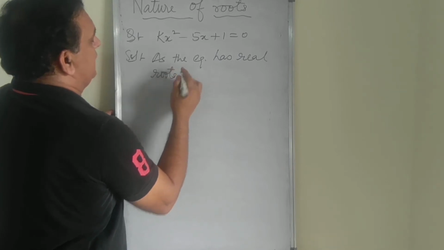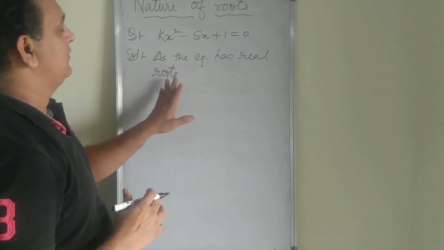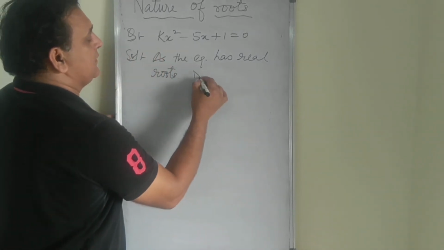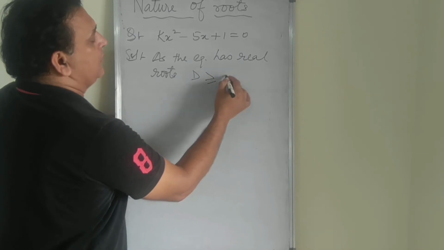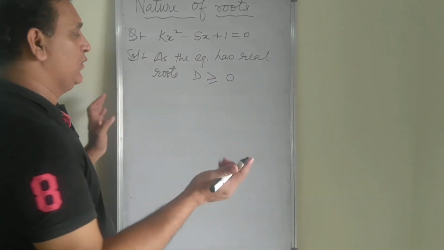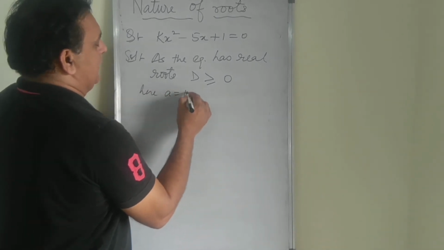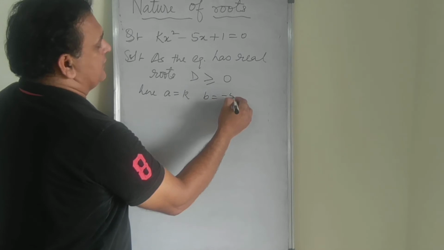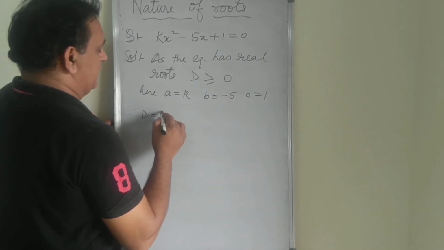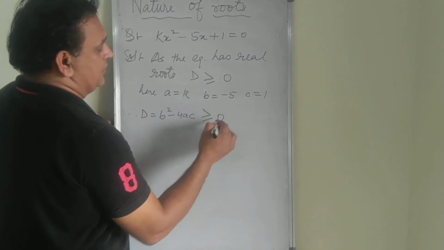Now in the previous slide you learned that real roots are possible if D is greater than or equal to 0. So that condition will apply, and we know D is b square minus 4ac. So here a is k, b is minus 5 and c is 1. Therefore D, which is b square minus 4ac, should be greater than or equal to 0.